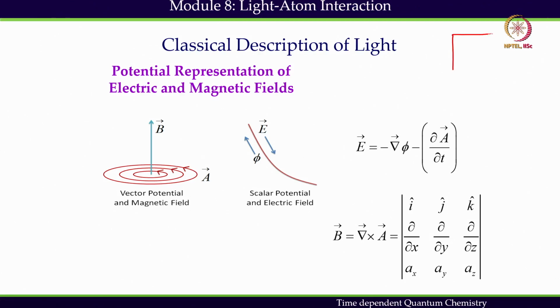When I have a medium and light is propagating through the medium, I have selected vacuum to make things simple. Then to describe the nature of the light I have to find out electric and magnetic fields in the medium, that is E field and B field.